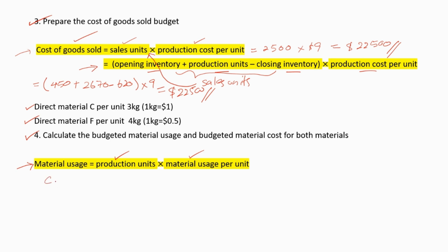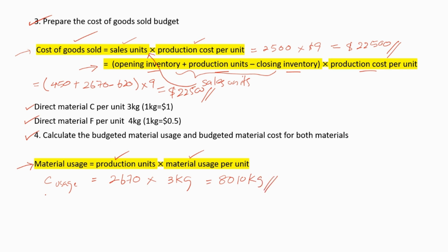So material C usage is equal to production units, which is 2670 multiplied by material usage per unit, which is 3 kilograms. This is equal to 8010 kilograms.